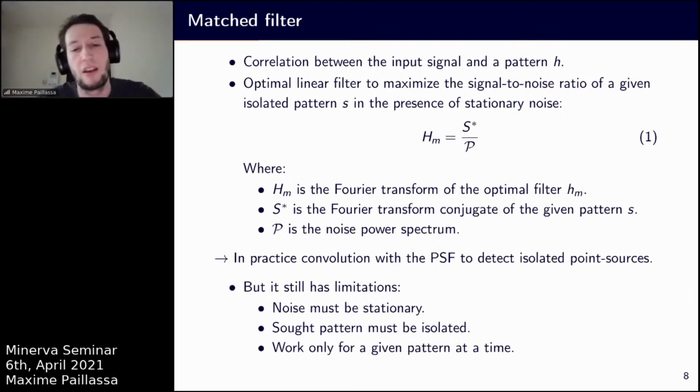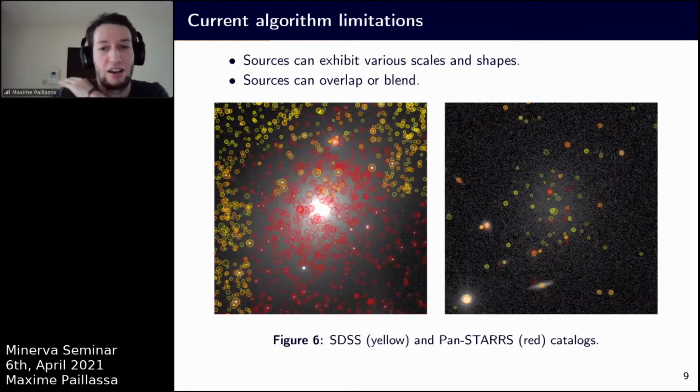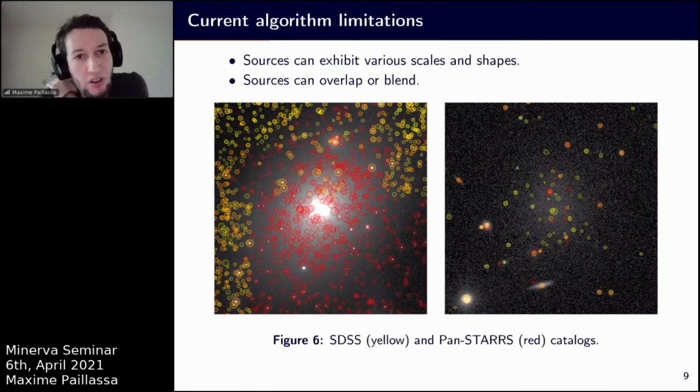The problem is that it still has some limitations, because the noise must be stationary and the patterns that we are seeking must be isolated, and it can work only for one pattern at a time. So in practice, it will be limited because, for example, sources can exhibit various scales and shapes. So the fact that it can only detect one pattern at a time will be limiting.